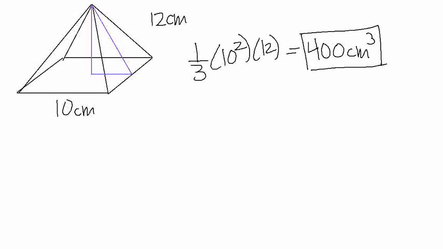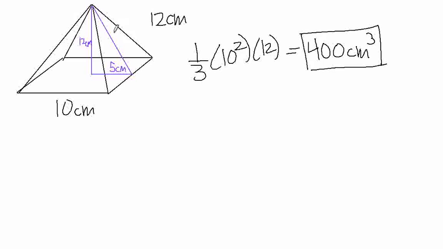Okay? So what would the hypotenuse of that right triangle be? Well, let's see. We've got the short leg has a length 5 centimeters. The long leg is the altitude, so that has a length 12 centimeters.